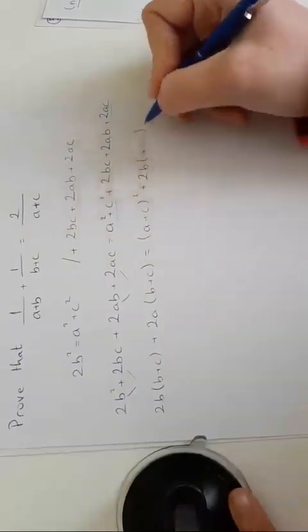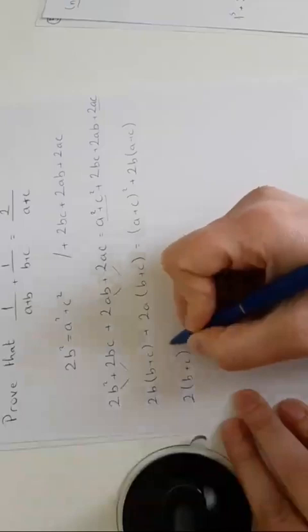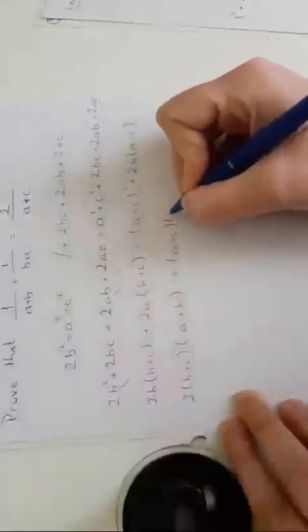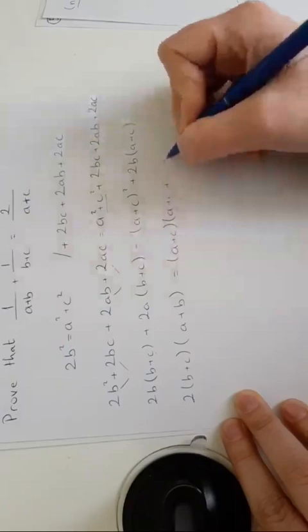So as you see here, I have one more common term, 2b. I will take it, a plus b is equal to, here I have a plus c in common, so it will be a plus c plus 2b.